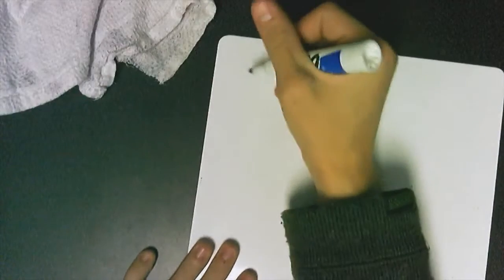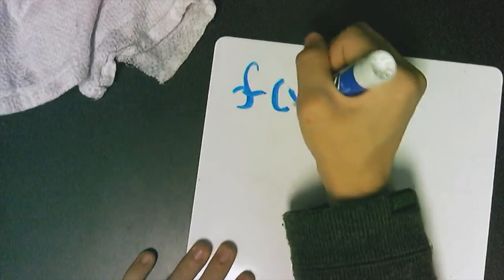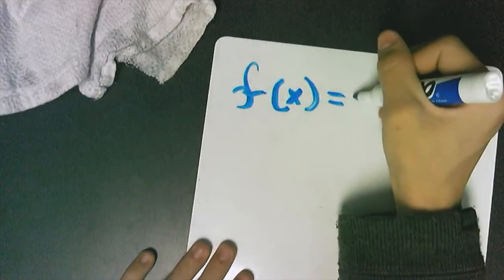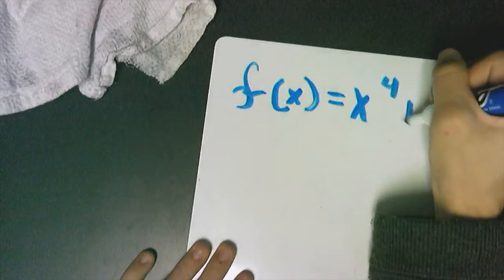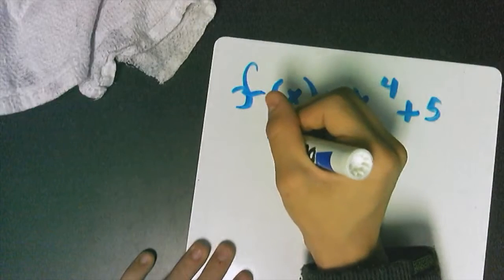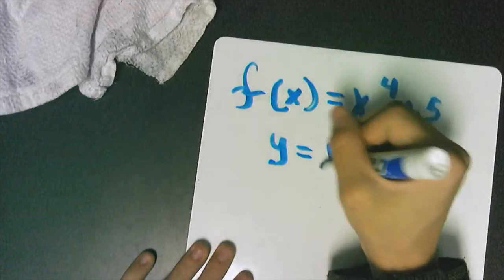Now on the next equation, it is to the 4th power. You'll start the same way by putting it in terms of y, and then flipping the x and y variables.